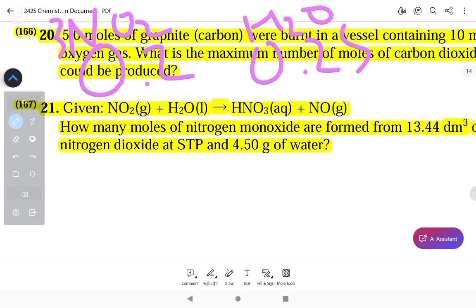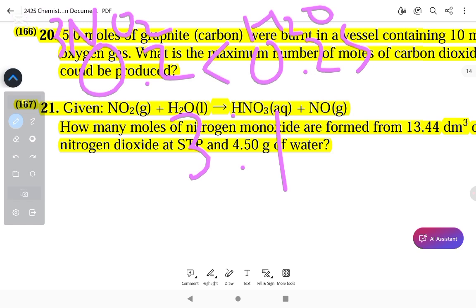0.2 and 0.25. Which one is the excess? Water is excess. Which one is limiting? Nitrogen monoxide. Now they want how many moles of nitrogen monoxide are formed. Okay, so the ratio is 3 to 1.